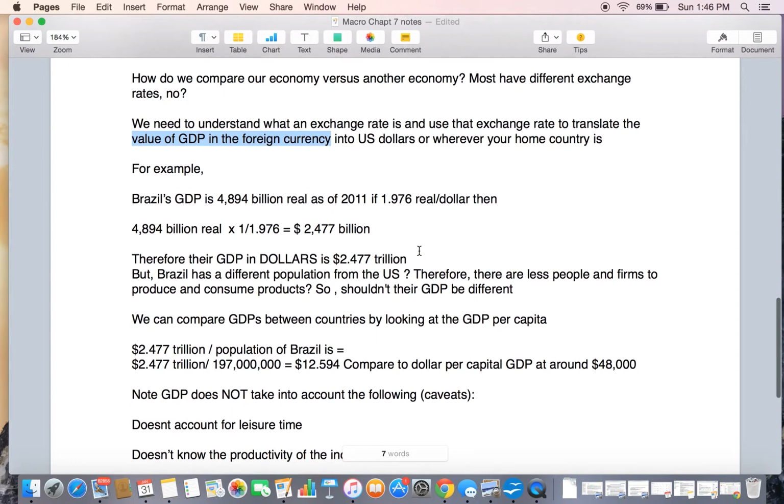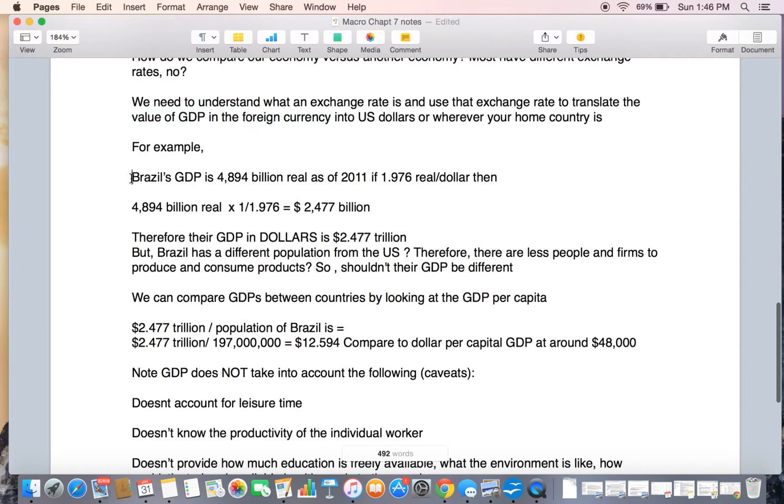So let's do an example, and this might be something that you would see on an exam. I might give you the GDP of Brazil. In the year 2011, the GDP of Brazil was 4,894 billion real. And the exchange rate at the time was 1.976 real to the dollar. So if we want to translate this real figure into dollars, what we need to do is use the exchange rate.